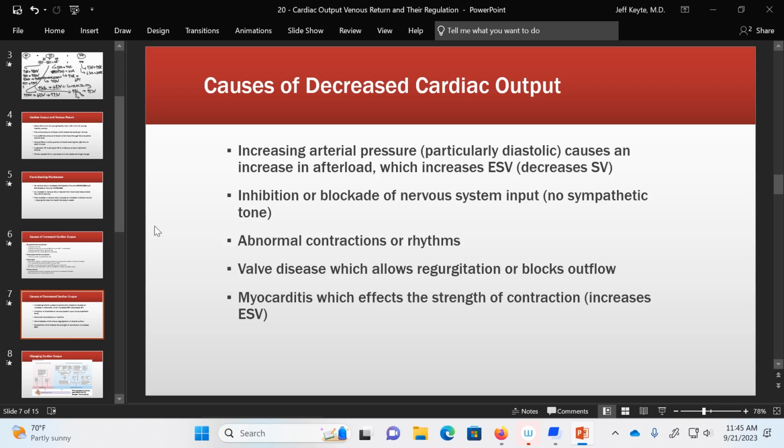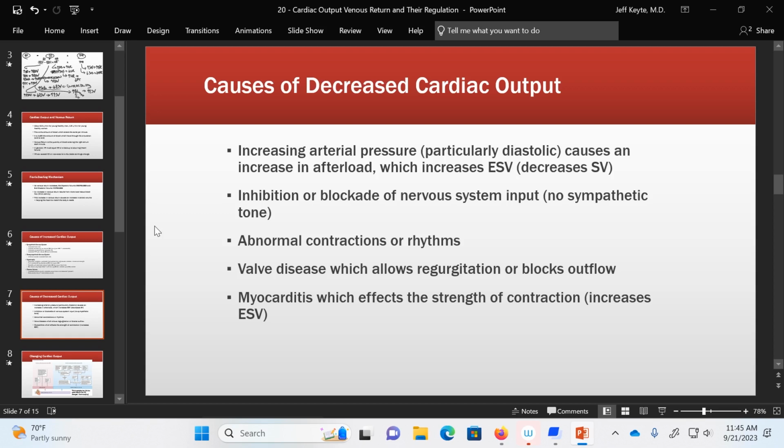Valve disease will decrease cardiac output in a variety of ways. It can be restrictive, like a stenosis, in which case it behaves just like a high afterload, okay? It can also be a regurgitation where the valve doesn't keep blood from flowing backwards. So in that case, your heart is working hard to push blood the wrong way, right?